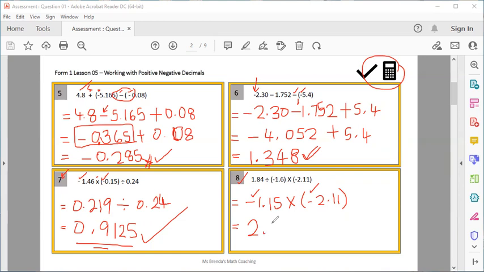That's right, 2.4265. Well done. You see, this is not difficult at all, right?